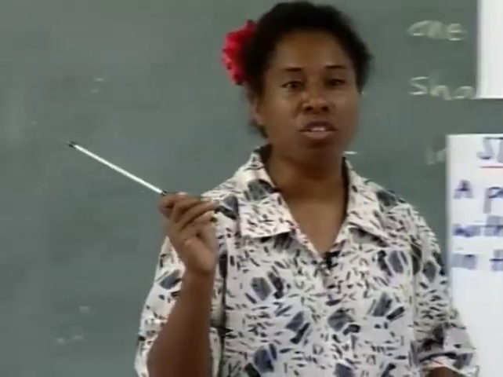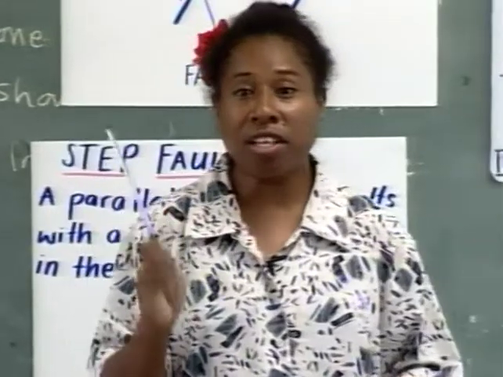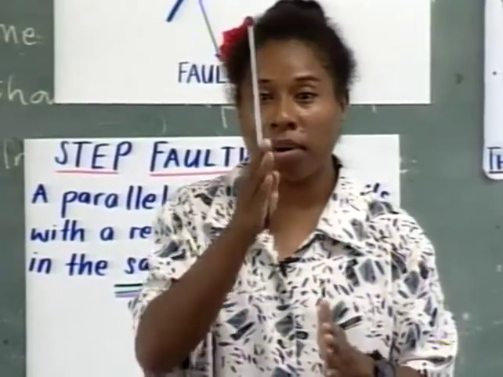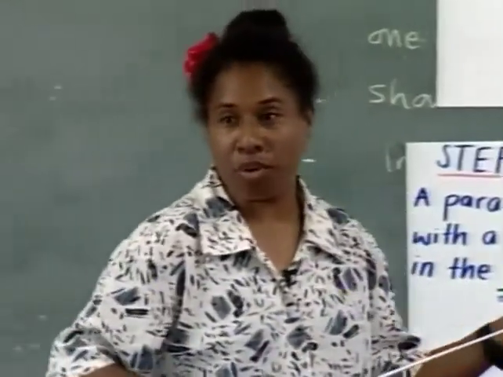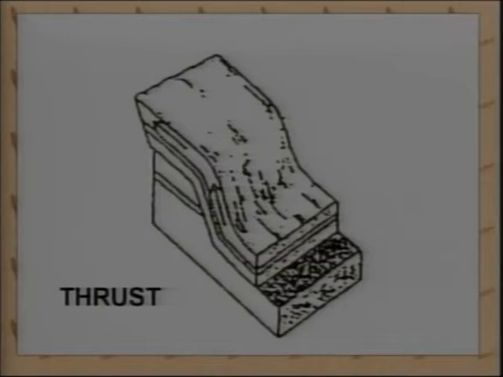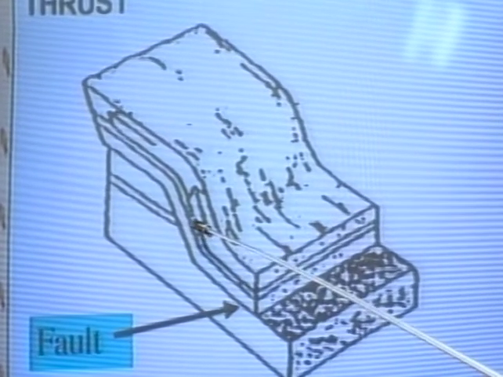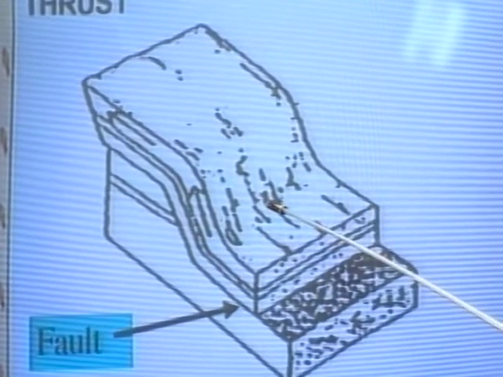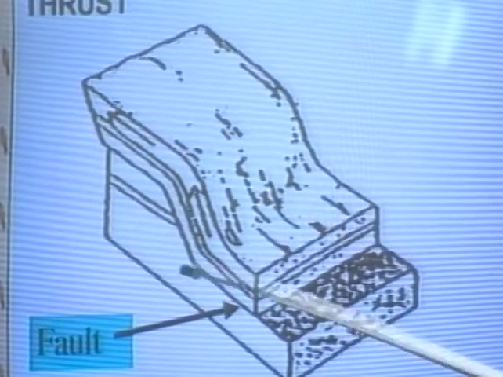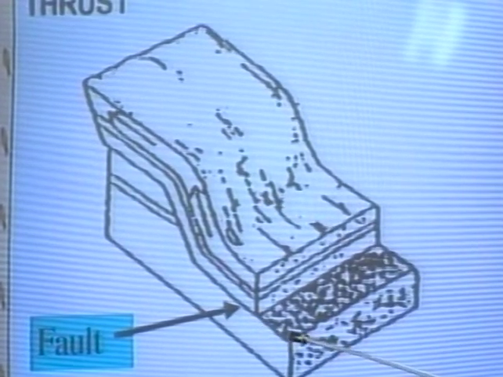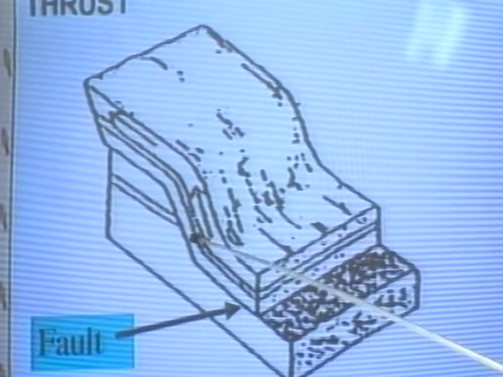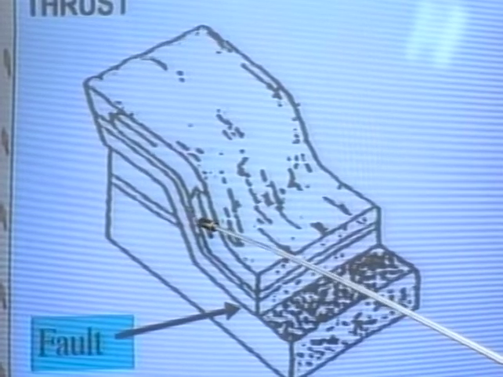Simple. It's a horizontal displacement. If it is vertical, then it will be one up, one down. So if you look at the thrust fault, if you look at this three-dimensional diagram, you would have seen that the fault line is here along this point here. So look at the information showing where the fault line is. Can you see that? This block here at the top has been displaced in relation to the bottom block because of the fault line, which is horizontal.